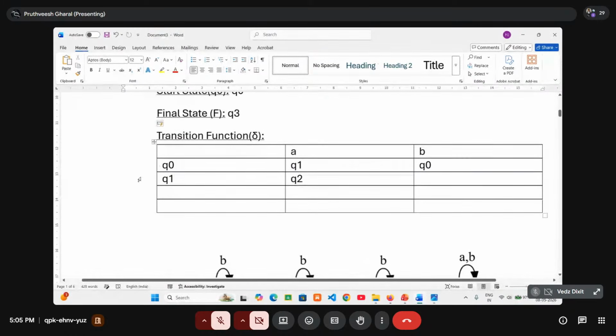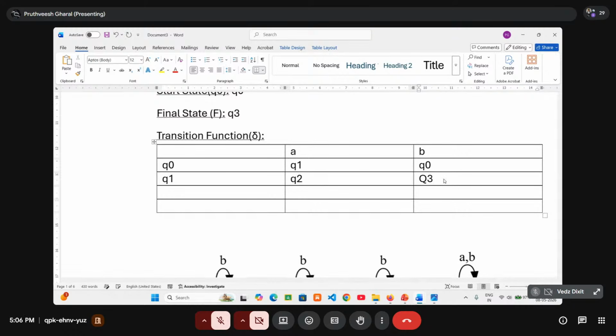Okay, so let's fill in the rest of the transition table. So this will be Q1. This will be Q3, and this will be Q3.